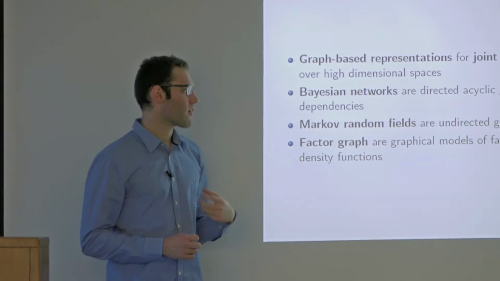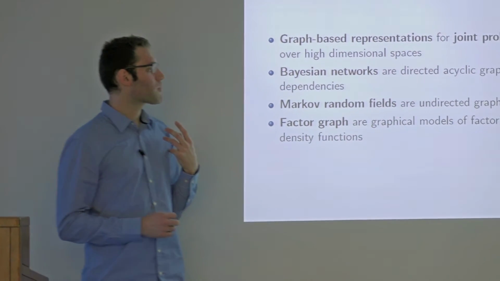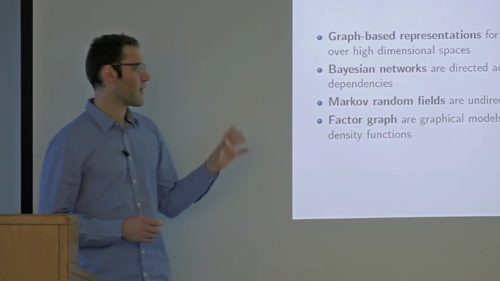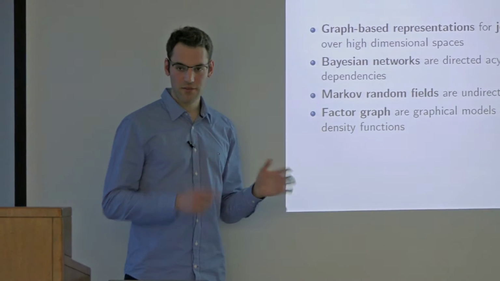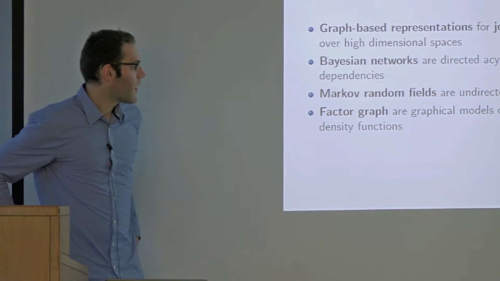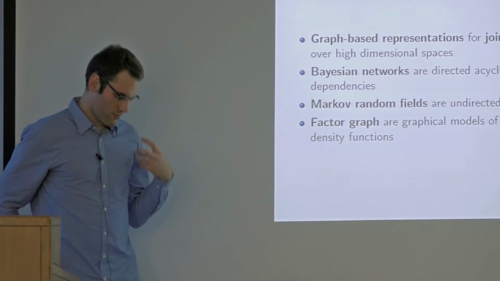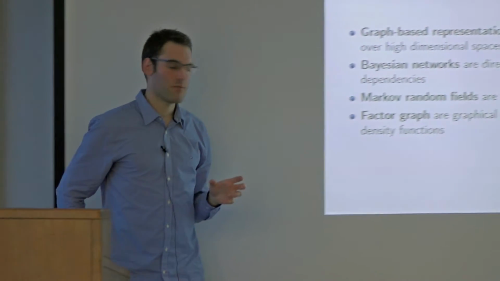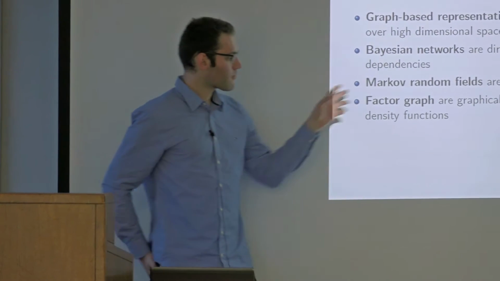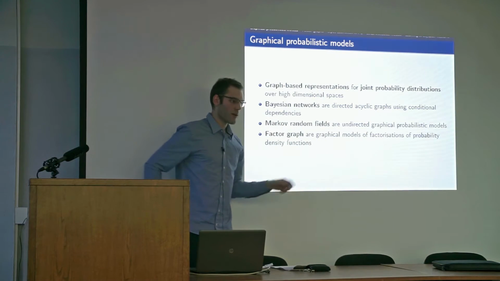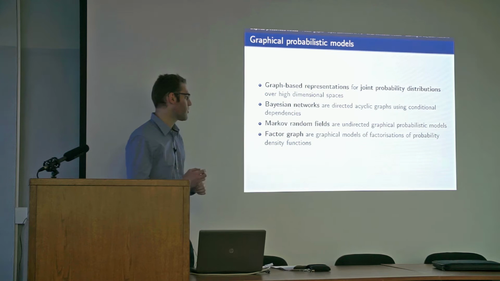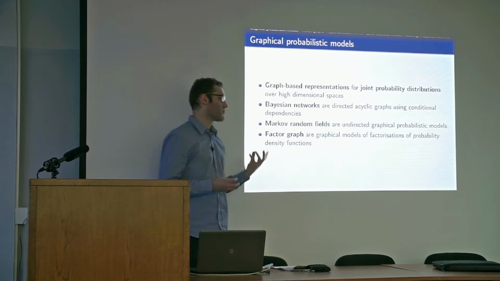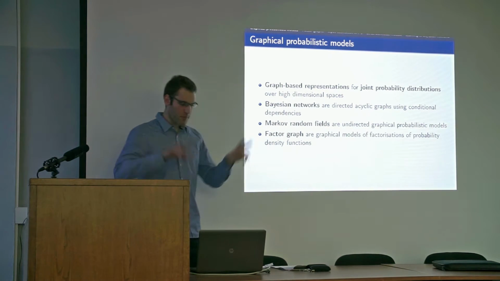Bayesian networks are a class of probabilistic models. They are described by directed acyclic graphs, so we don't have loops. Their main focus is to describe these conditional dependencies between random variables. Markov random fields are non-directed, so the edges don't have arrows, and they're mostly used for modeling spatial dependencies.